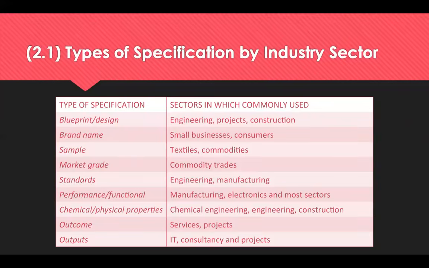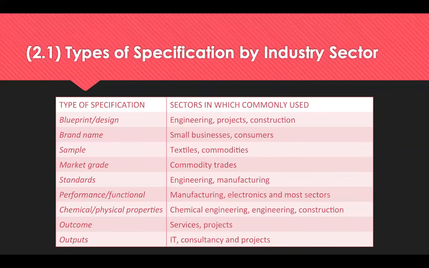Now here are some specific terms and specifications that are used in different industries. So you sometimes hear of a blueprint or a design, which is quite common in engineering or construction. A brand name, which might be used for retail, consumers and small businesses. A sample might be something you would specify if you were looking at textiles or commodities. A market grade, if you were looking at commodity trades like diamonds and precious stones.